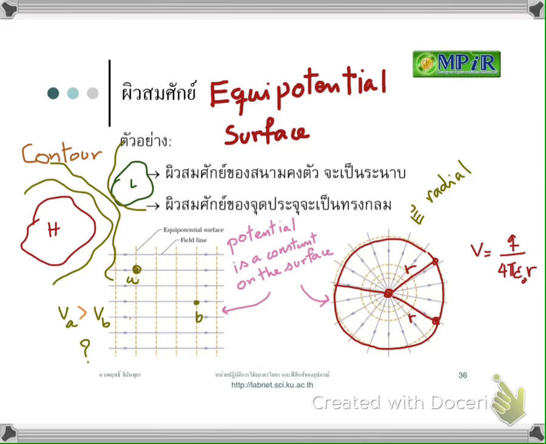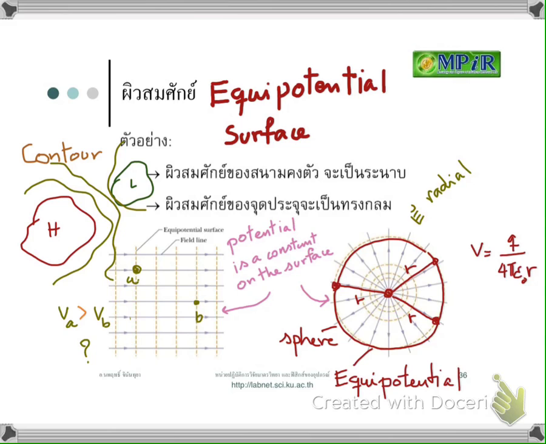It means that this surface is an equipotential surface, but it is just a sphere. Okay, this sphere is an equipotential surface.